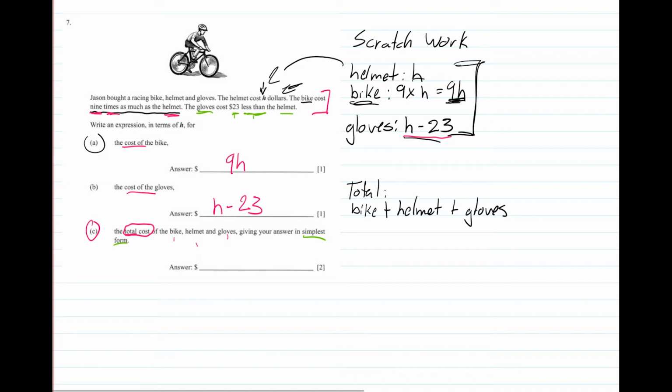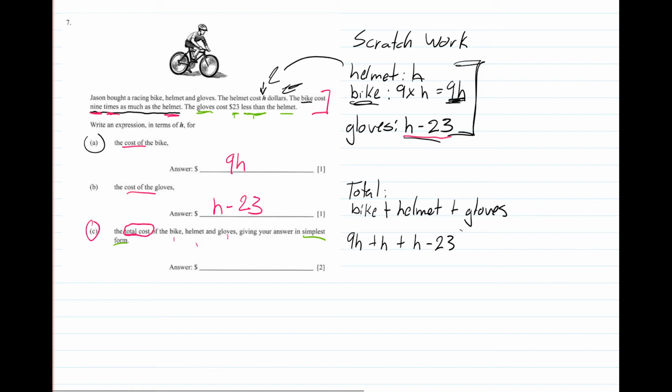So I'm just going to write all this into an expression. Remember, we're dealing with expressions here. The bike is 9H, plus the helmet, which is just H, plus the gloves, which is H minus 23, right? So this is our total.